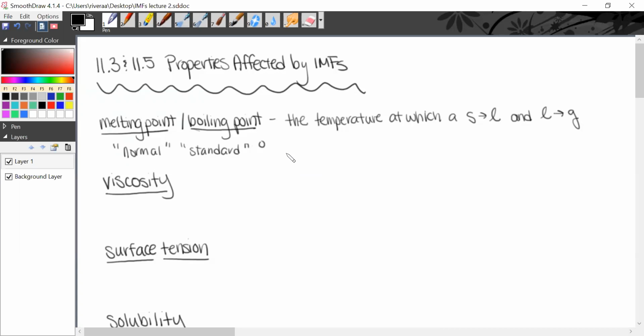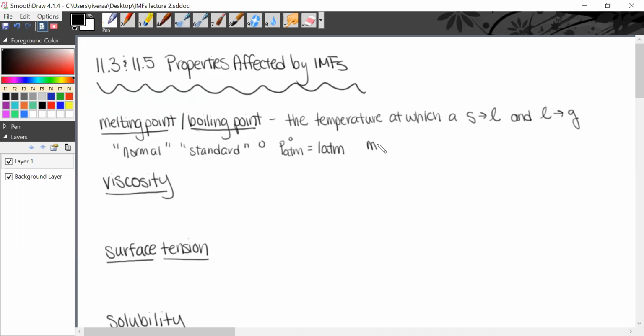So when I say that the melting point of water is 0 degrees Celsius, that's the normal melting point of water. So normal pressure of the atmosphere, P naught of the atmosphere, is considered to be 1 atmosphere of pressure.